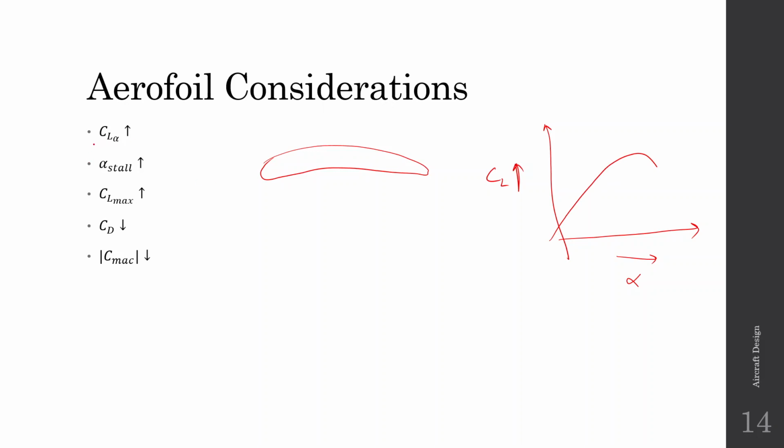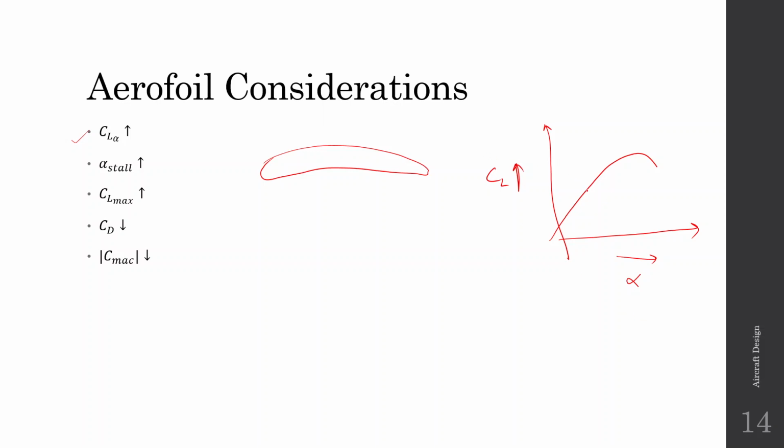We want CL alpha to be as high as possible. CL alpha is the slope of this CL and alpha curve. You know the relationship between CL and alpha. Alpha is your angle of attack and CL is the lift coefficient.